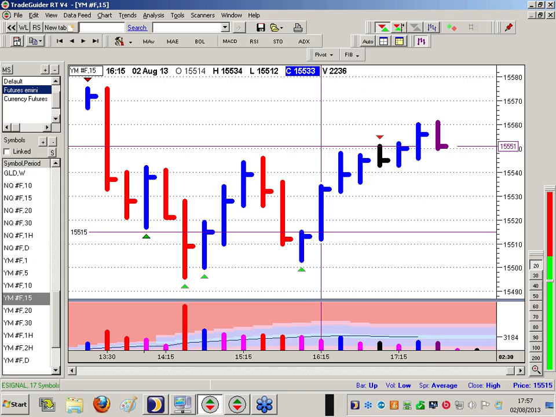In other words, professional money is in charge of that move. And you'll soon see when they're not, it starts chopping around up and down, blue bars, red bars. But once you see these persistent blue bars like this, then you know professional money is in charge of that move, right? You allow for one down bar, and that down bar is usually on low volume.